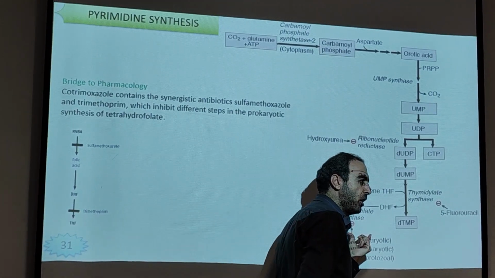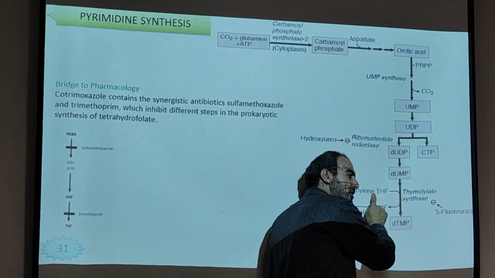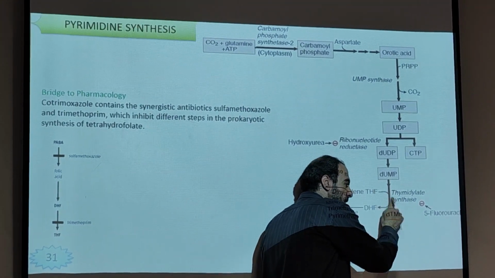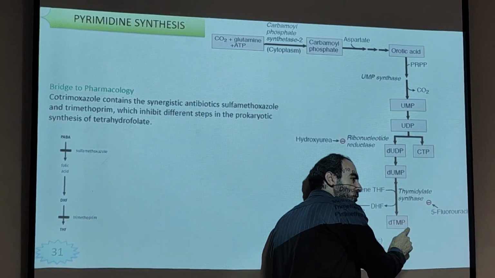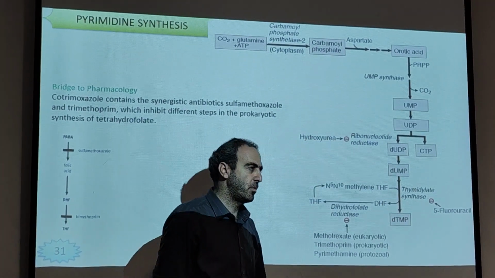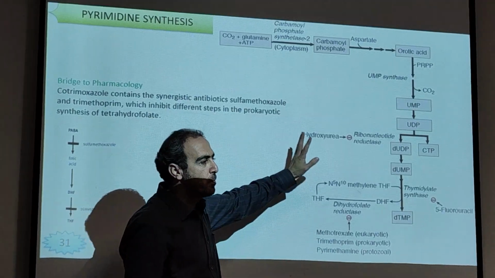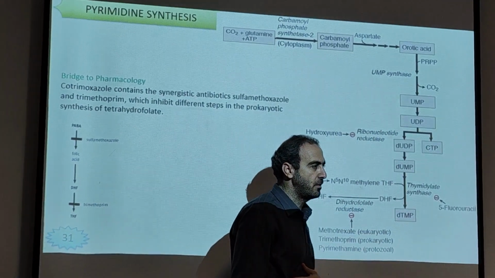When we inhibit dihydrofolate reductase, we can't have tetrahydrofolic acid as an active form. When we don't have tetrahydrofolic acid, we can't produce thymine. When we don't have thymine, we also can't produce DNA, and cell replication cannot occur. So for producing both pyrimidine and purine, we need tetrahydrofolic acid.